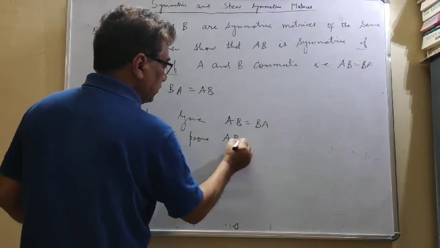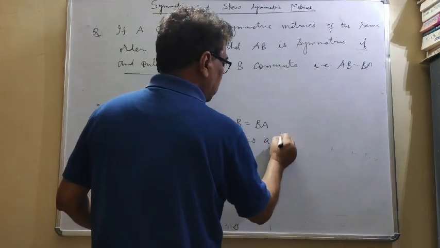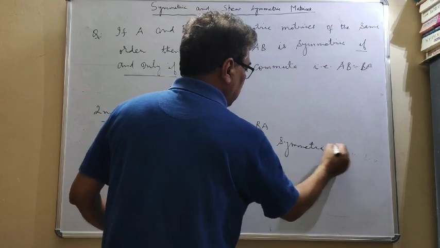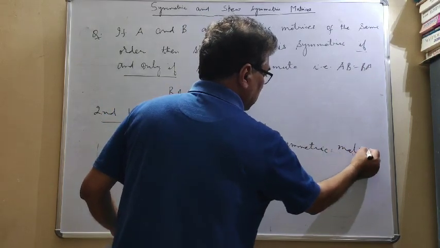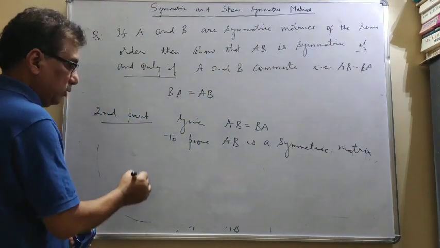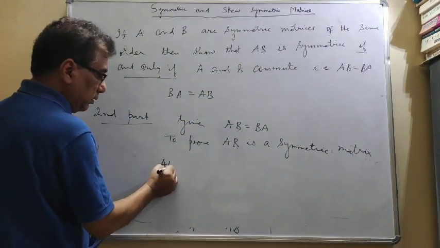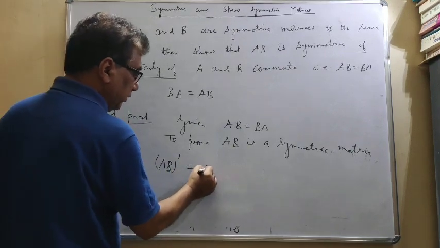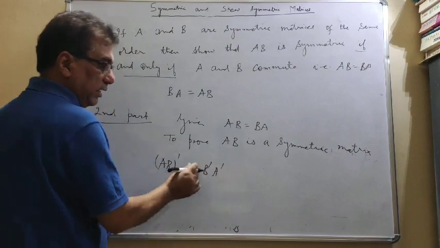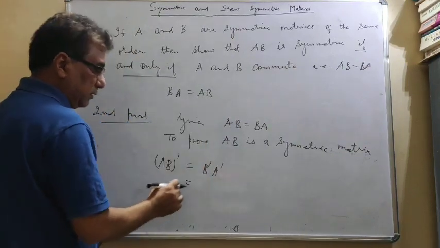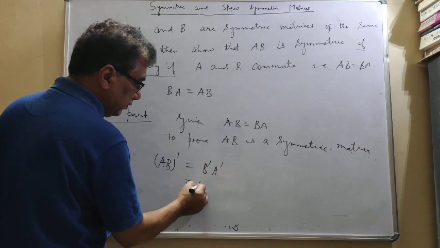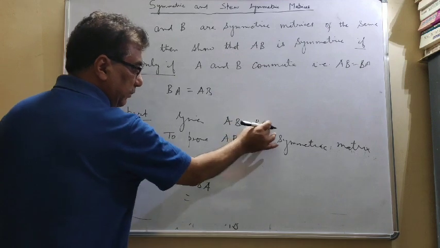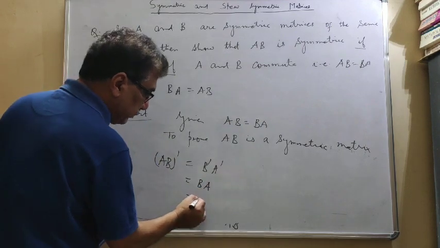AB is a symmetric matrix. So let us start with the transpose of AB, and this will be B dash A dash, and since A and B are given as symmetric matrices, B dash may be written as B and this is A, and then what is given here, that BA is equal to AB, so BA may be replaced by AB.